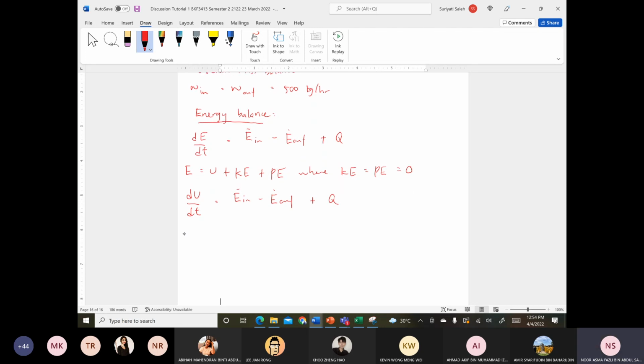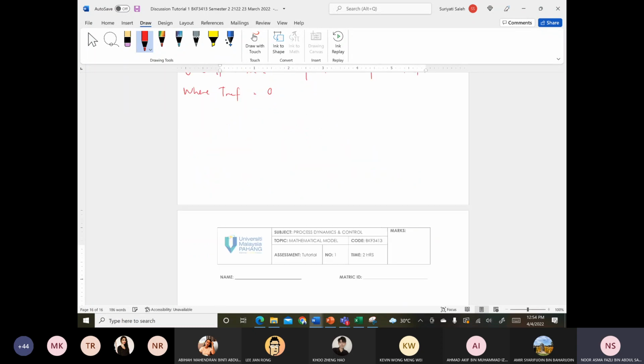So the U here, we can expand it equal to H, the enthalpy, where we assume there is no pressure change. So U equal to H equal to mH or mCp delta T, where mCp delta T equal to mCp (T minus T reference), where T reference equal to 0 for simplification.